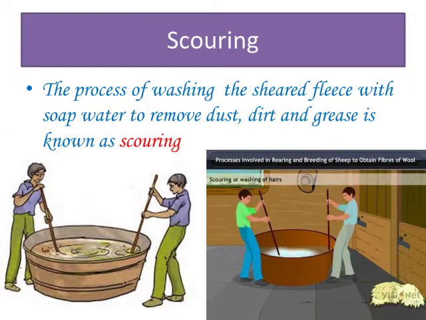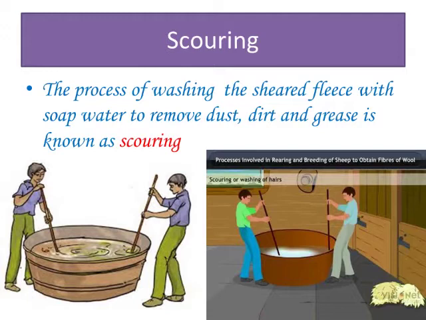So the next step is scouring. The sheared skin with hair is washed thoroughly in tanks. Why is this step undertaken? To remove grease, dust and dirt. And this process is called scouring.